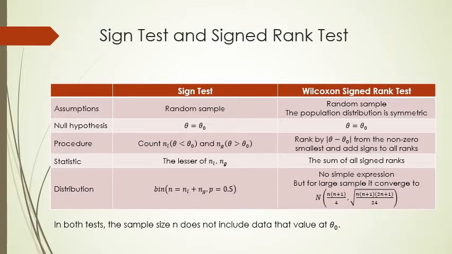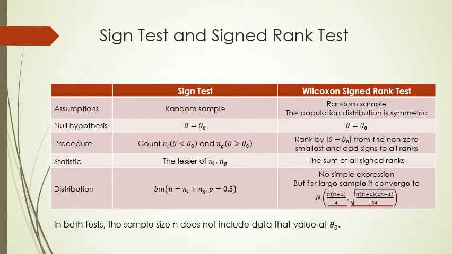It ranks data by the absolute values from the non-zero smallest and adds signs back to all ranks. The statistic is the sum of all signed ranks, which follows a distribution that cannot be described by a simple function. But for large samples, the distribution converges to a normal distribution with this mean and this standard deviation.